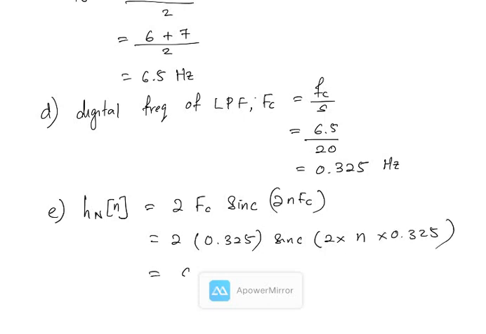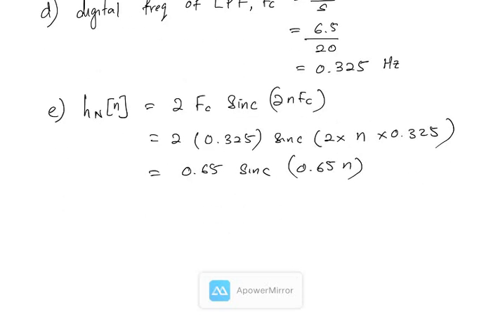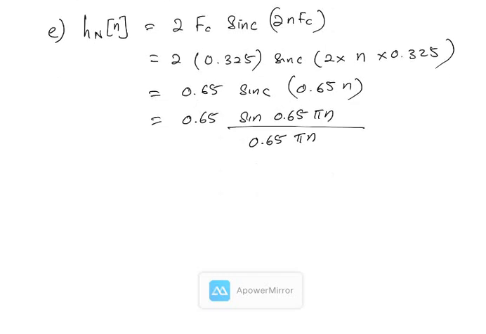So this is equal to 0.65 sin(0.65 π n) over (π n). So we can change the sin to sinc. So 0.65 sinc(0.65 π n), that is sin(0.65 π n) divided by 0.65 π n.